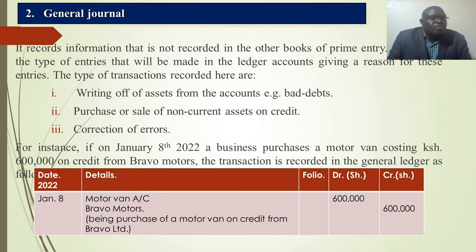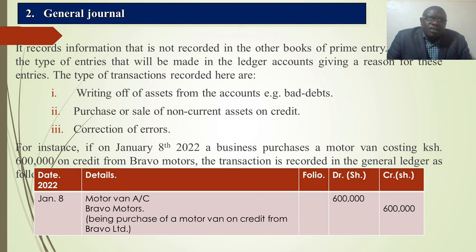And in this case, we are basically talking about fixed assets, because when we talk about current assets, when you buy them or sell them on credit, we are basically talking about the purchases journal and sales journal. But when we are talking about purchase or sale of a non-current asset on credit, that will have to come here in this journal called the journal proper.